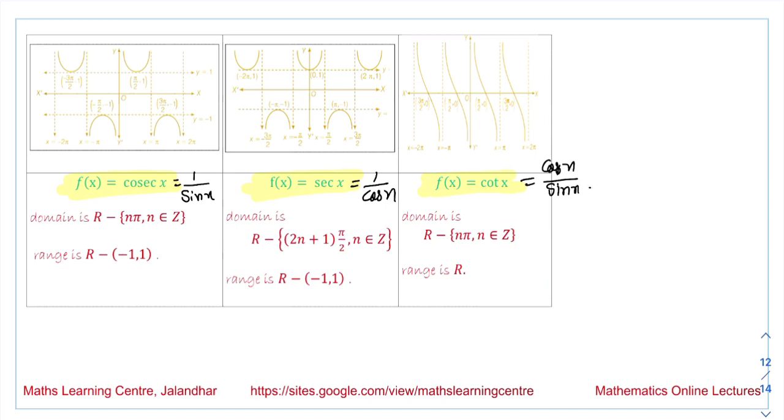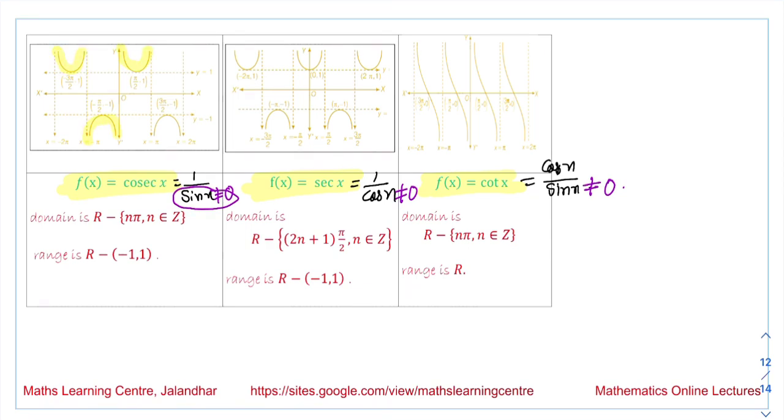So cosecant x is defined for all values of x except those for which sin x is equal to 0. Secant x is defined for all values for which cos x is not equal to 0. And cot x is defined for all values of x for which sin x is not equal to 0. And these are the graphs of these functions.